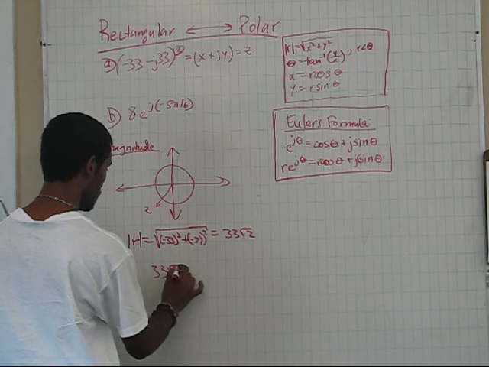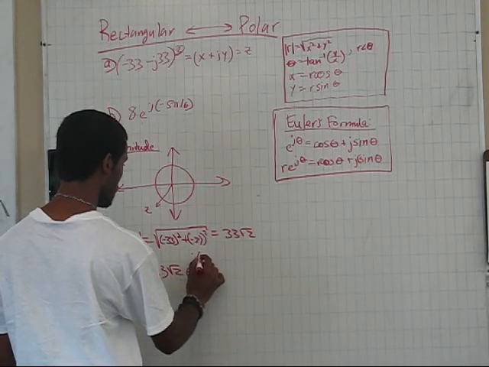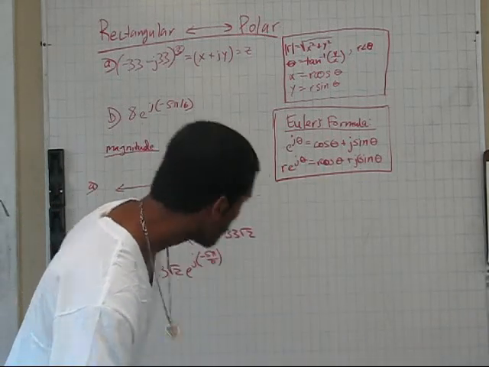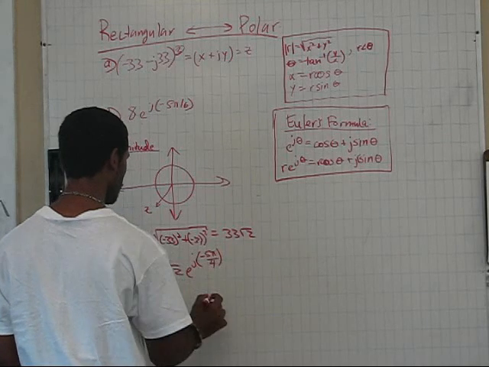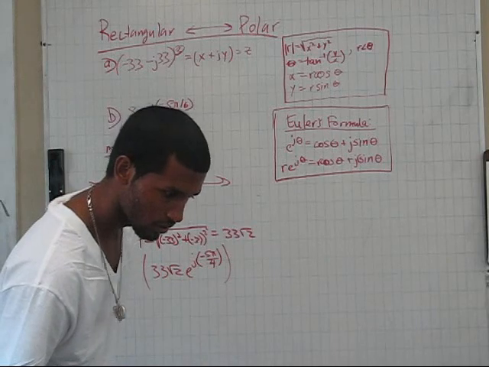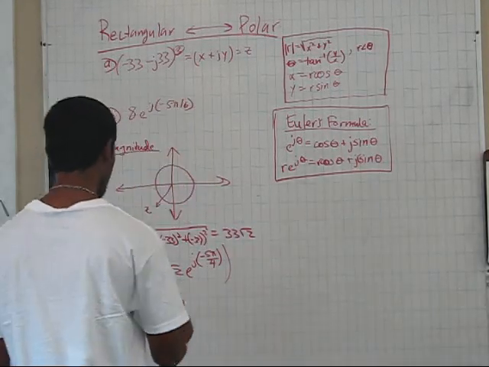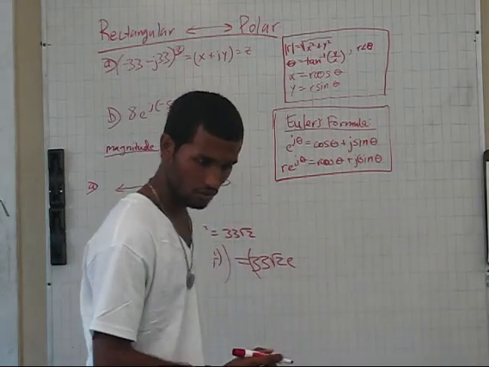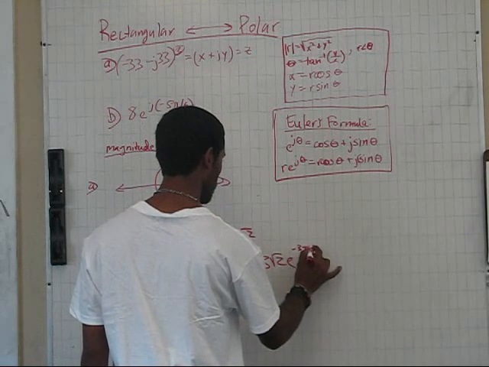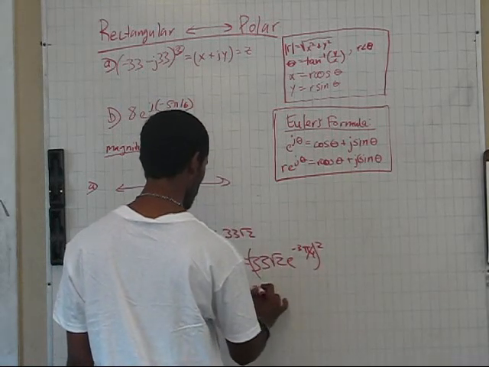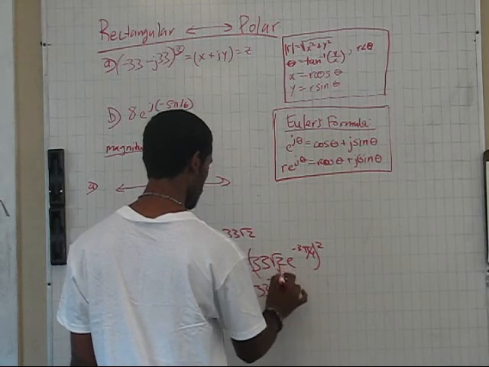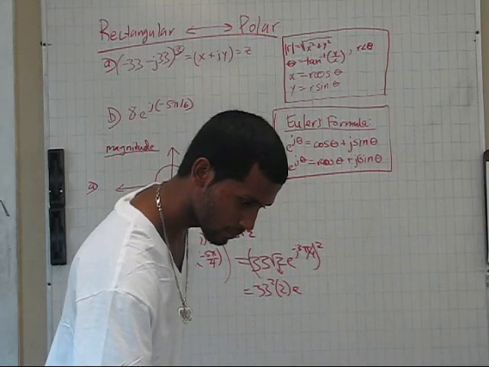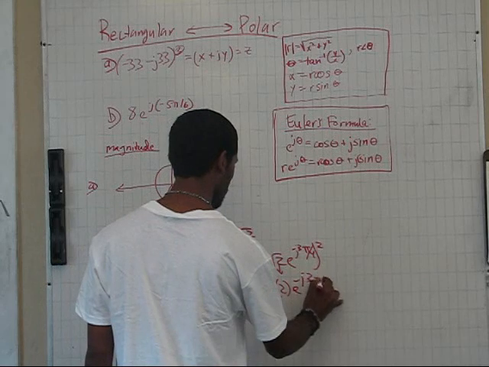So you get 33 root 2 e to the j negative, and then you square, and this equals 33 root 2 e to the negative, squared, which gives you 33 squared times 2, e to the negative j 3 over 2.